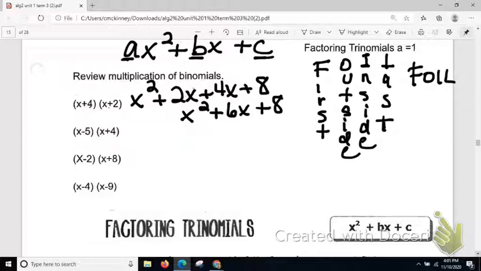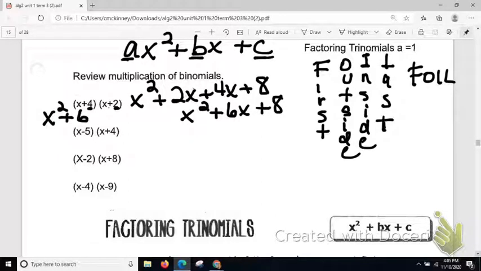So when I have my x plus 4 and my x plus 2, I think we can all agree that it's going to end up having an x squared. Now what happened in the middle? The 2x and the 4x got added together. So let's just take the 4 and 2 and add them together.